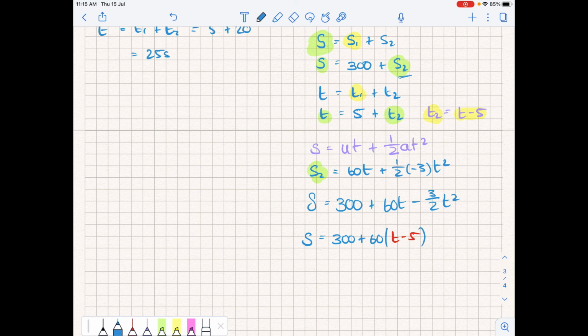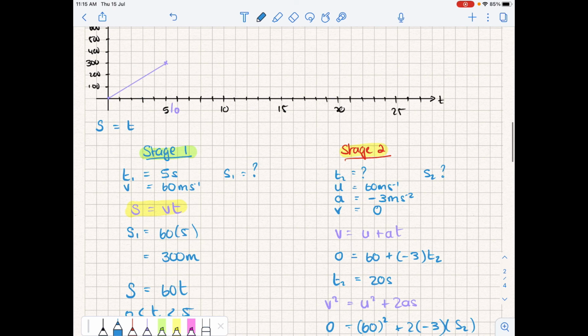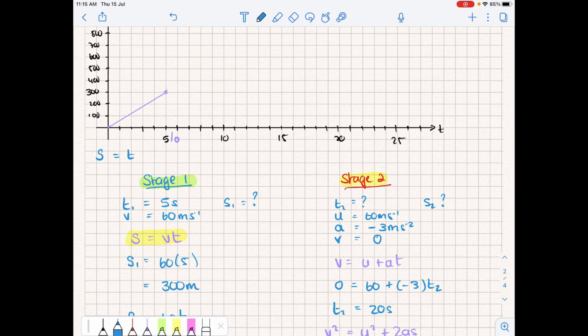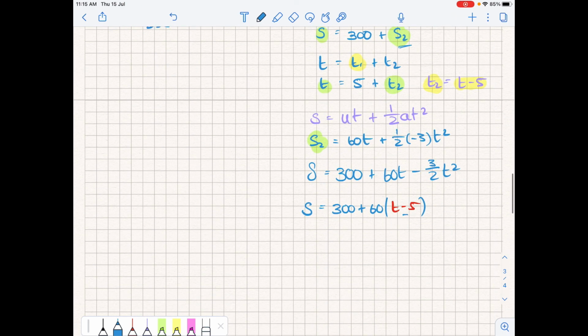And if you remember how x coordinates work, this minus just means a shift to the right of 5 units, which is exactly what we've done. We've shifted over 5 units. Instead of starting this graph at 0, we're now shifting the graph over 5 units to the right. Minus 3 over 2, and here we're going to have t minus 5 again, squared.